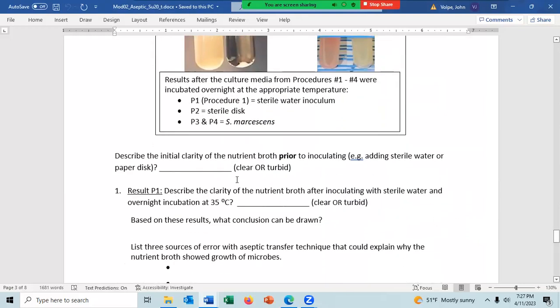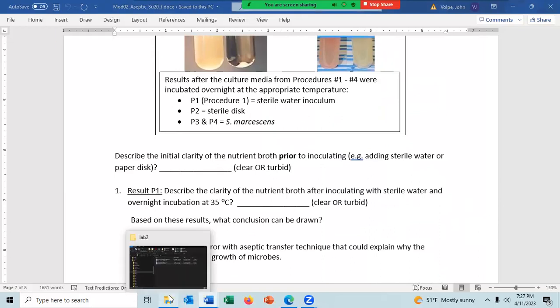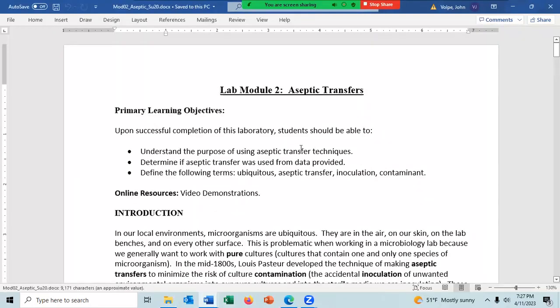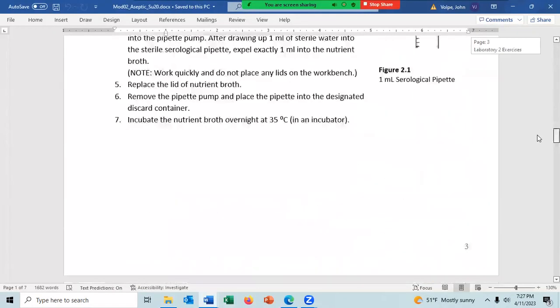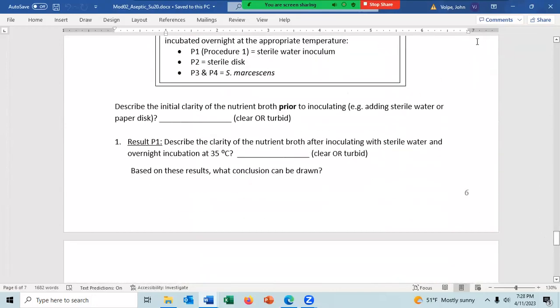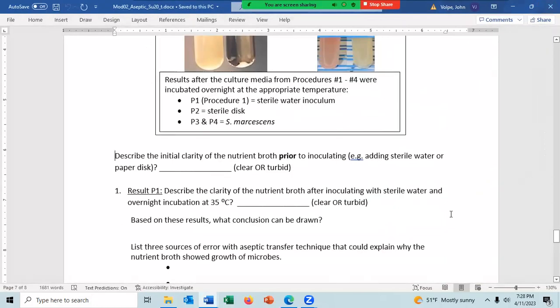So describe the initial clarity of the nutrient broth prior to inoculating, adding the sterile water or the paper disc. And I think on your copy, I've got this labeled 0. Let me look at that. Actually, I probably have it in the worksheet. Well, let me look here. I need to update my teacher's copy. Now, let's see if it's that way online.